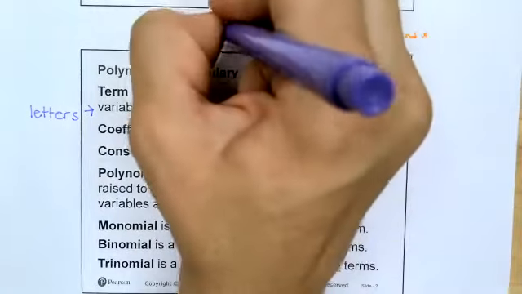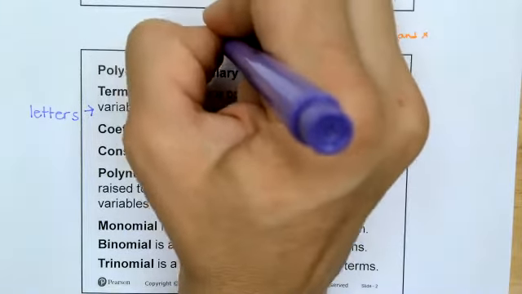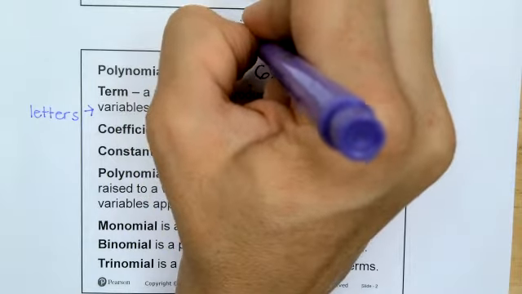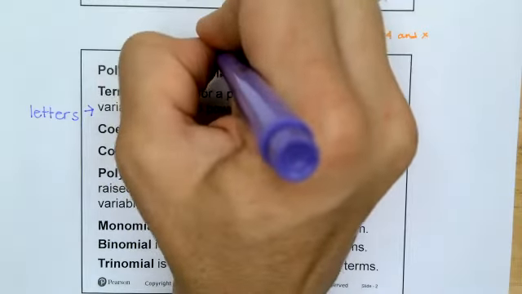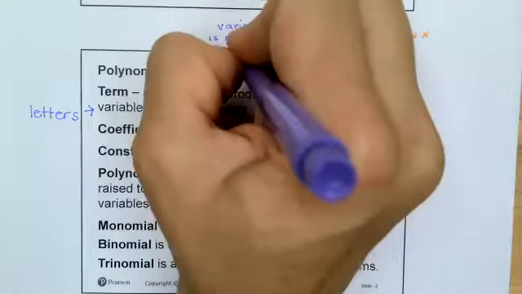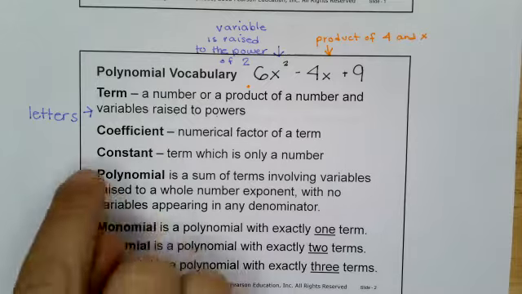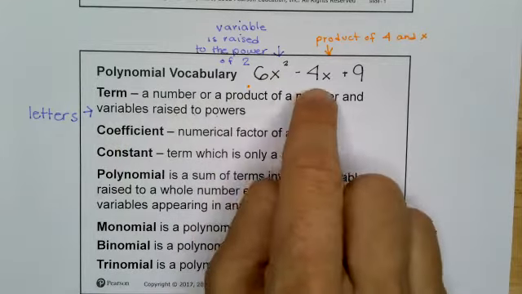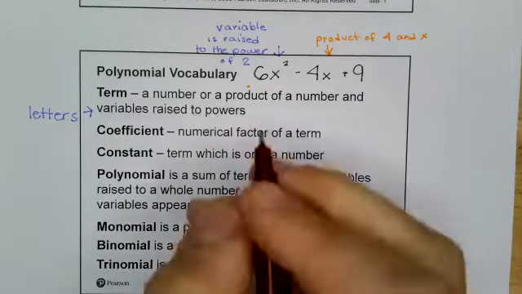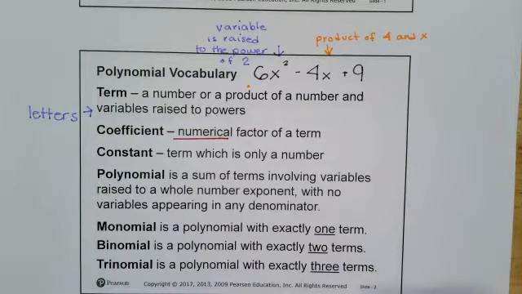So the variable in this case is raised to the second power. So here, my variable is raised to the power of 2. In 6x squared minus 4x plus 9, coefficients are just the numbers, okay?